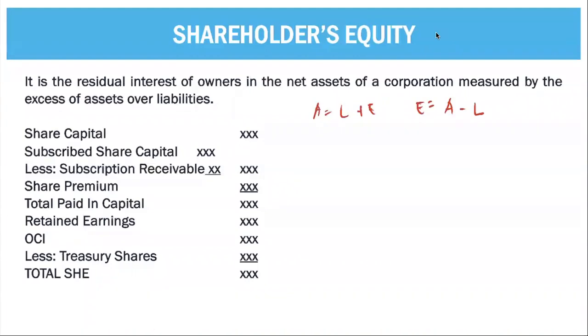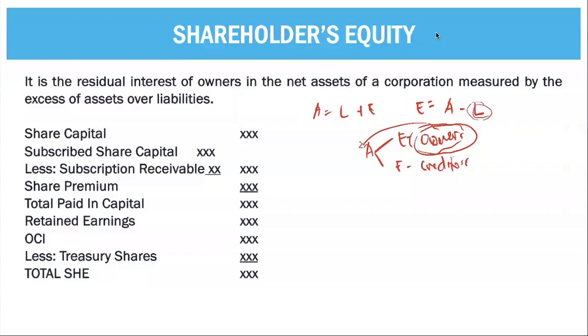Your asset is the equity of your owners and the equity of your creditors. So the equity of your owners over the assets means the residual interest, whatever is left after satisfying your liability.